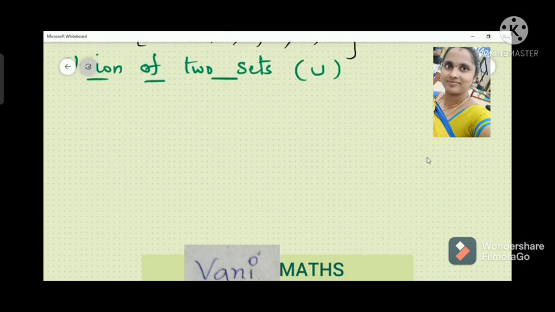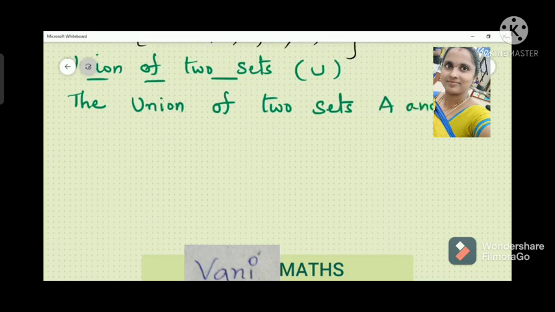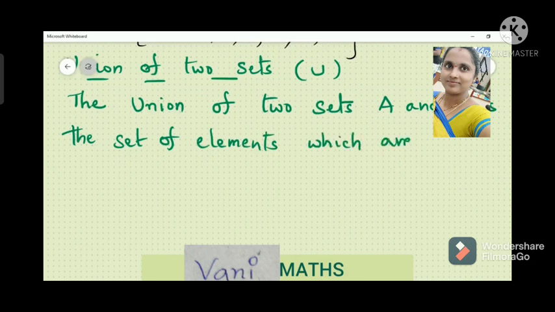The union of two sets A and B is the set of elements which are in A or B or in both.